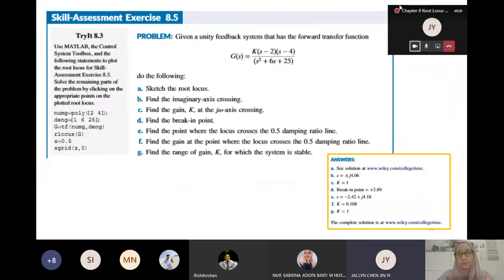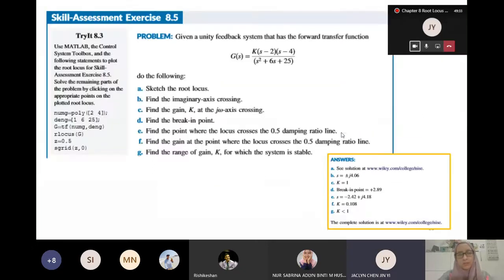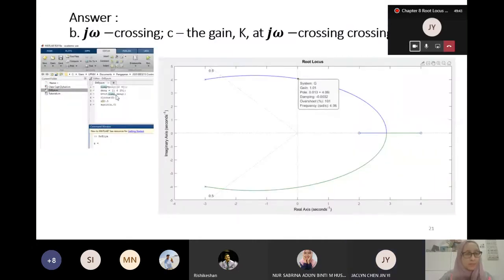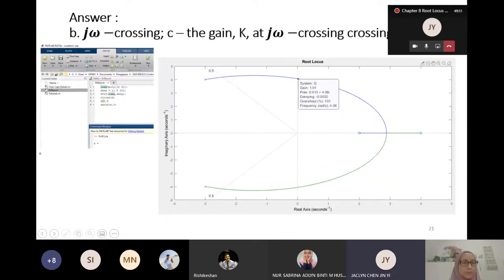So, sketch the root locus. For this one, we have the sketch of the root locus like this. You are expected to do the sketch by hand, and for my following discussion, I use MATLAB. I put it in the MATLAB script here.